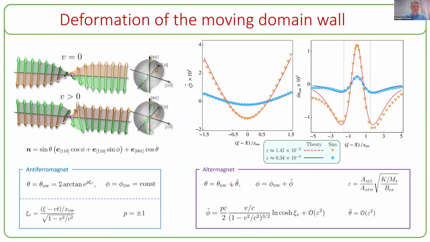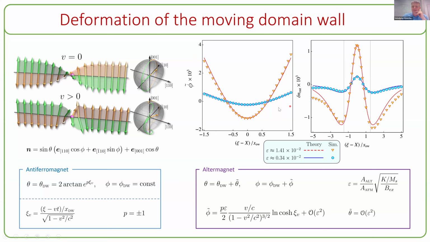We obtain that theta, the angle which determines the Néel vector projection on the z-axis, the anisotropy axis, changes quadratically in altermagnetism, but for the angle phi we have a linear correction. This is what we obtain, and this is how it looks.